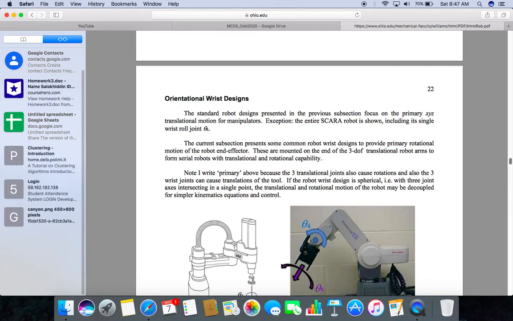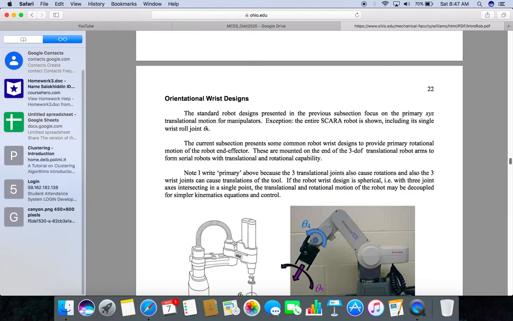These are mounted on the end of the three DOF translational robot arms to form serial robots with translation and rotational capability. Note primary above because the three translational joints also cause rotation and also the three wrist joints can cause translation of the tool.